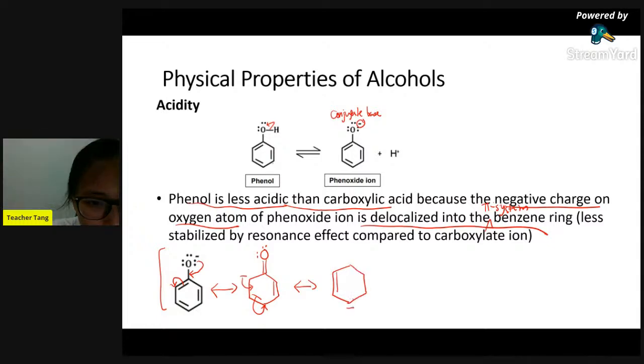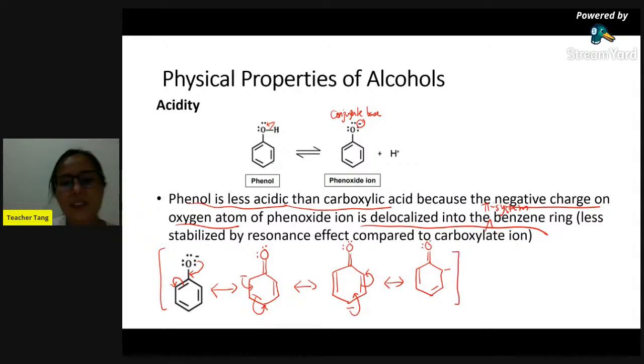So you form a double bond, negative charge. So this negative charge can be delocalized inside from here. So these are the resonance structures for the phenoxide ion.